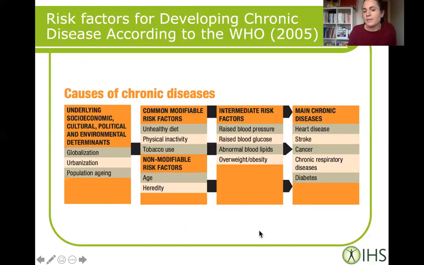These intermediate risk factors, blood pressure, raised blood glucose, abnormal blood lipids, and obesity, when grouped together, an individual might be diagnosed with something called metabolic syndrome. Metabolic syndrome is basically a cluster of imbalances that tend to precede the development of a disease.